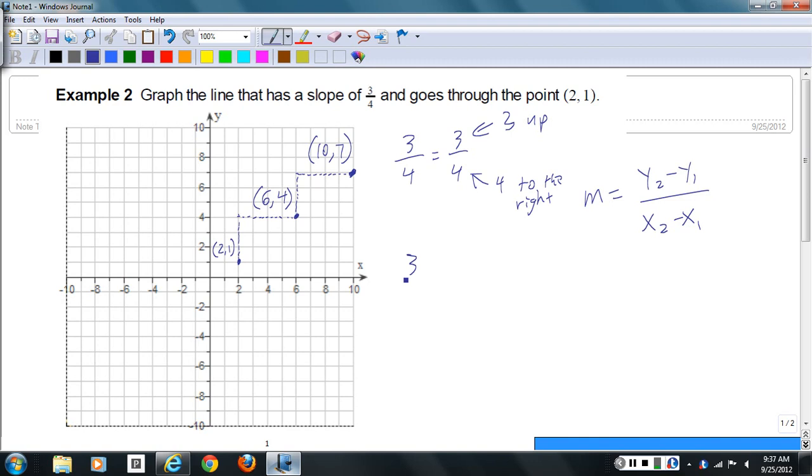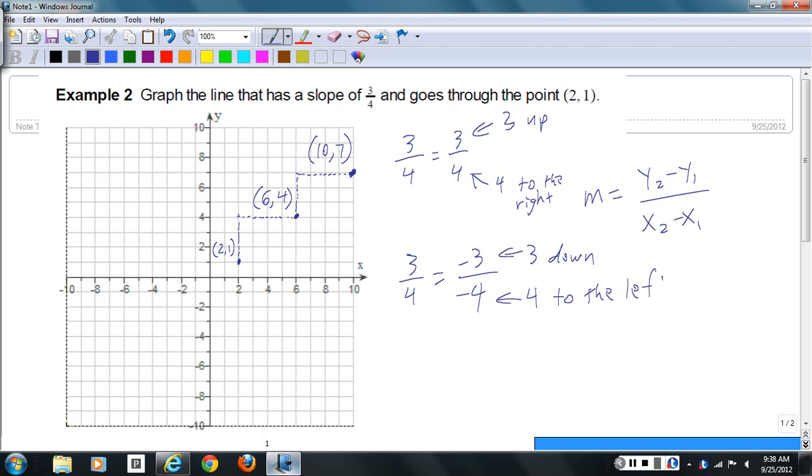If we take 3 over 4 and write it with a negative numerator and a negative denominator, then we could move the point down and to the left. Negative 3 would be negative rise, or 3 units down, and negative 4 would be negative run. The negative horizontal direction is to the left, so 4 units to the left.